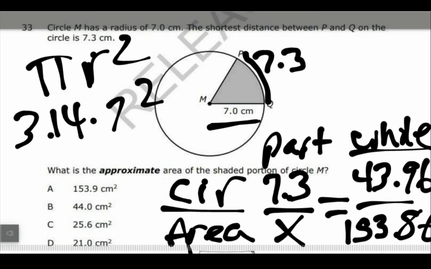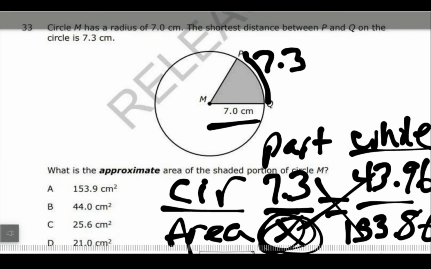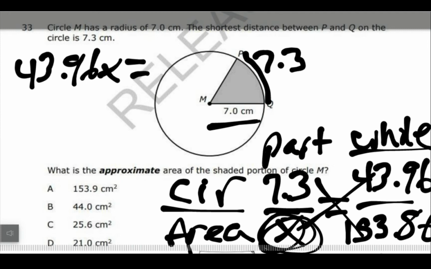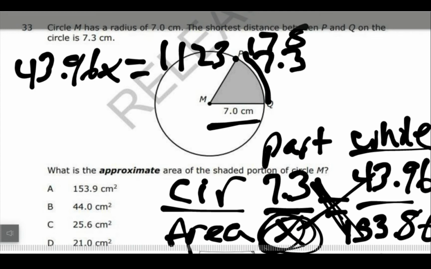So again, I'm comparing the circumference and the area. I'm doing part of the circle compared to the whole, and then we can figure out the part of the area since we already know the full area. All right, so I cross multiply. I'm going to erase some of this so I have some more space. So 43.96 times x is 43.96x. And then on the other side of the equal sign, we'll do 7.3 times 153.86. All right, that gives me 1,123.178.